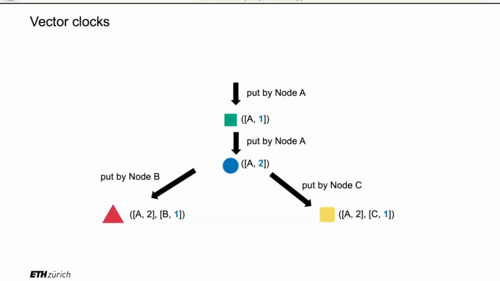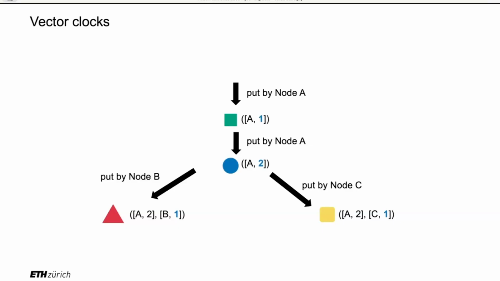Whenever a token sees a new version, it increments its counter, and then you have one counter for every one of the machines. So what happens here is that node A saw a version, updated it, then node A saw it again, increases it to 2, A2. Then it's node B, maybe because of a partition, that processes the request, and it increments its counter. So B0 was implicit, now it's B1.